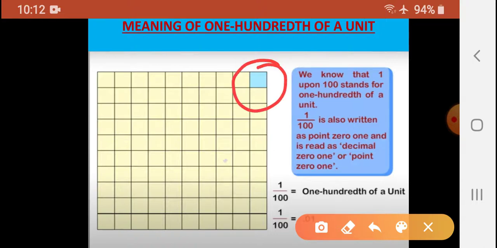The shaded part in this figure represents 1/100. So 1/100 is also written as 0.01 and is read as decimal 0 1 or 0.01.